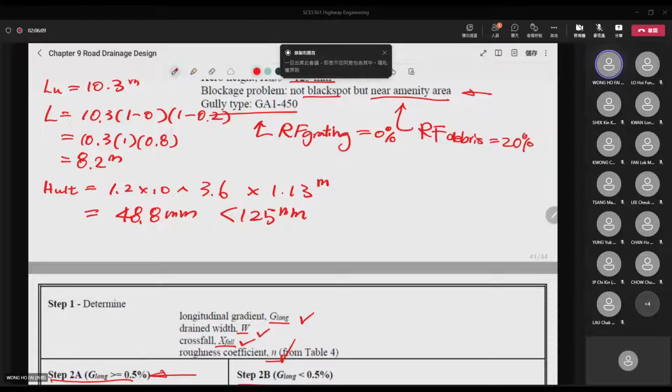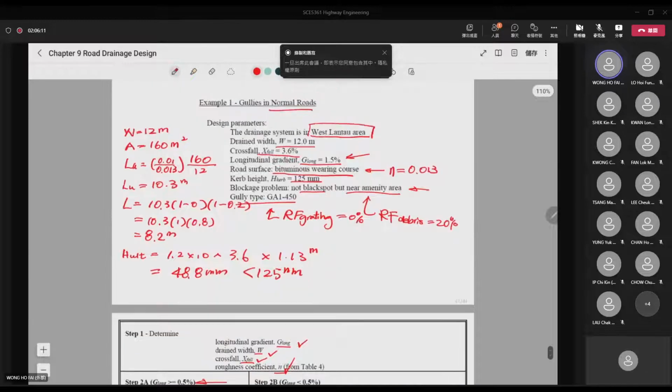Right? So actually the calculation is not very difficult. You can see that basically all follows the chart. First of all, you will find the so-called n value, which depends on the road surface. Then you can calculate and adjust the spacing of the gauge.